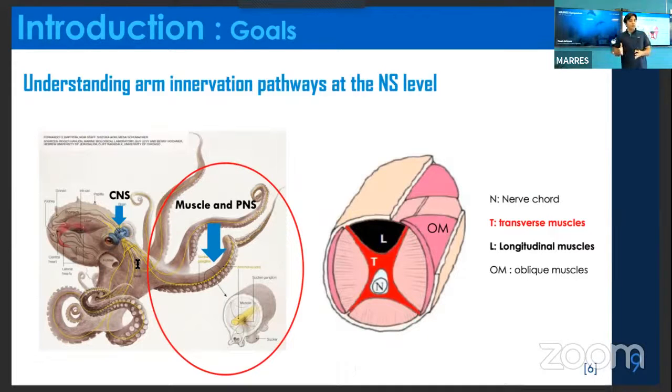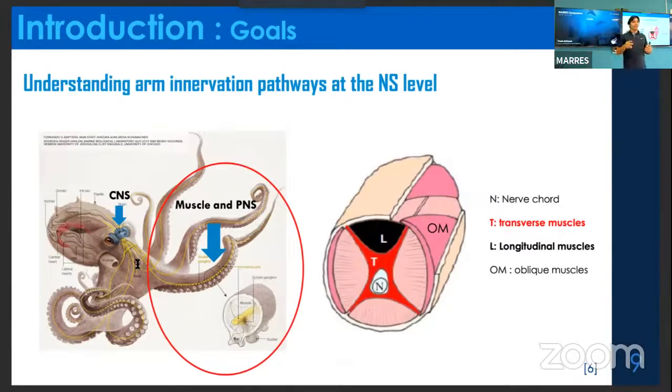So first, how are the muscles organized in the octopus? In the octopus arm, we have 3 different types of muscles. The transverse muscles, here in red, the longitudinal muscles, in 4 groups, and on the side, the oblique muscles.